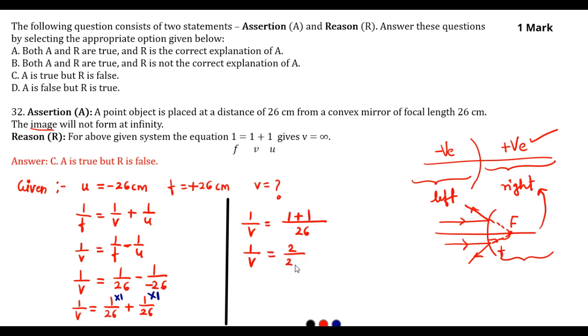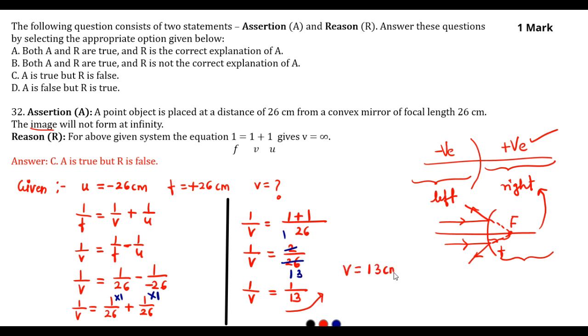We can cancel. 2 ones are 2, 2 thirteens are 26. So what I am going to get here? 1 by v is equal to 1 divided by 13. But we want only v, no? So therefore we can write v is equal to 13 centimeter.